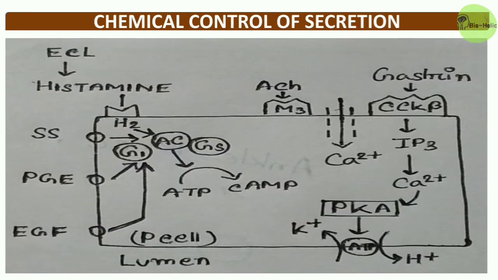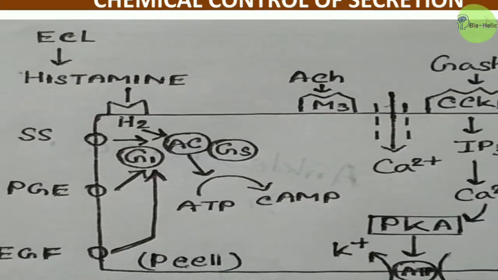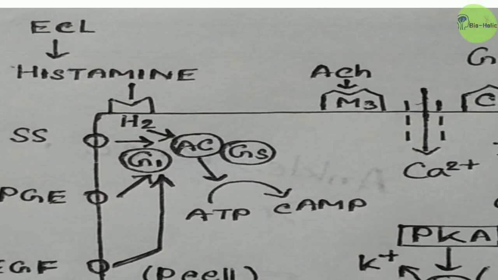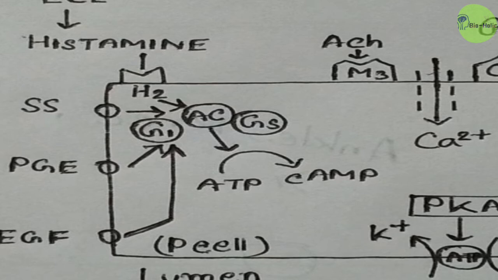Now the chemical control of this secretion. From the ECL cell, histamine is released and binds to the H2 receptor of the parietal cell, and this helps in activation of adenylate cyclase, and this adenylate cyclase helps in conversion from Gi to Gs.